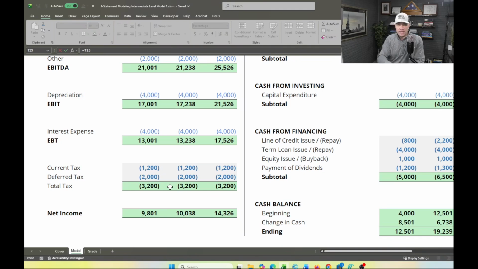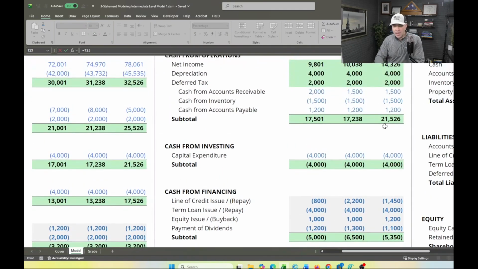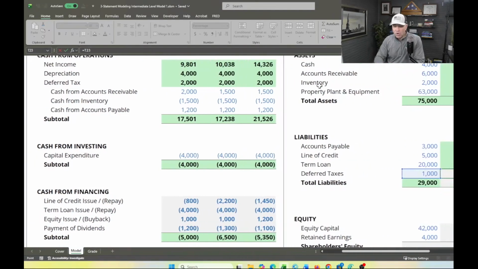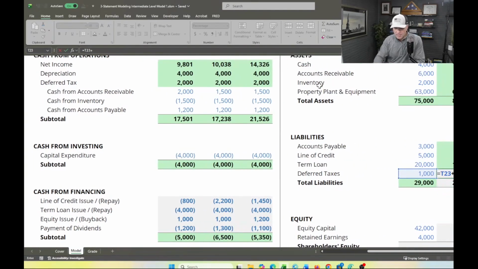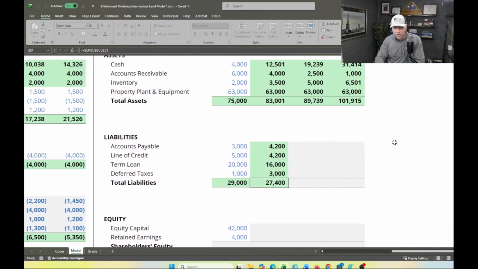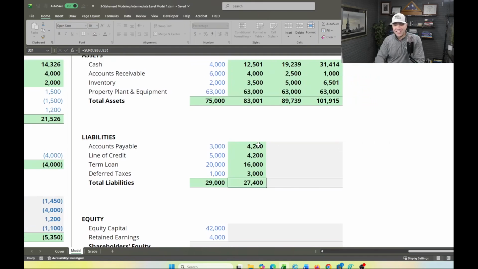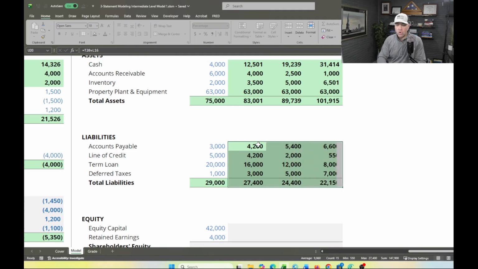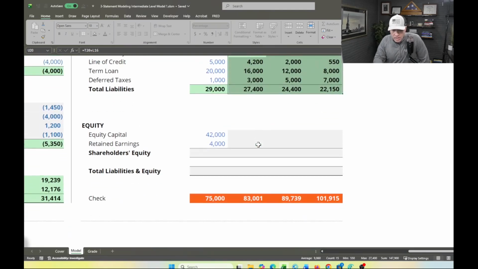In the income statement, I include it. On the cash flow statement, I'm adding it. So I'm going to do a plus. Each year we are adding $2,000 in deferred taxes. That's how that works. All right, so I'm going to highlight all those, hold down shift, highlight over, hit Control R to fill to the right, make it quick and simple.